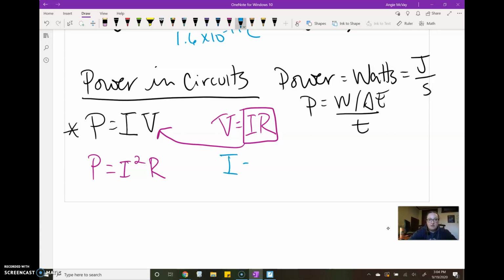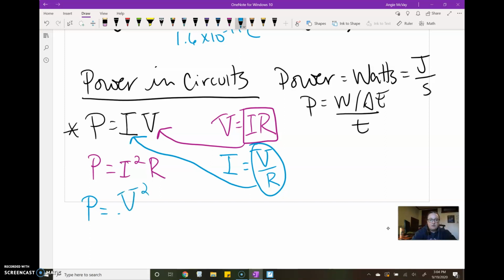We rearranged Ohm's law to be written as I equals V over R, and we plugged in V over R in here. So now we'd have power equals V times V over R. So this would be V squared over R. Do you see how I did that? I plugged this in here and I had V times V is V squared, and then all over R. So these are our three equations for power.